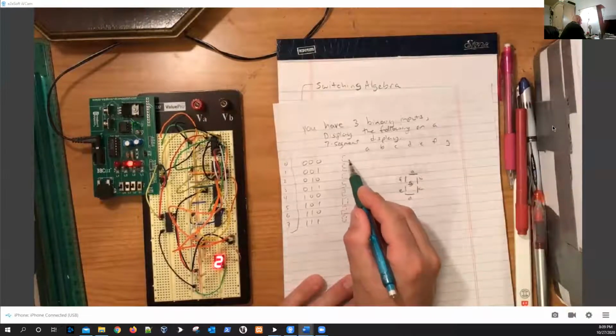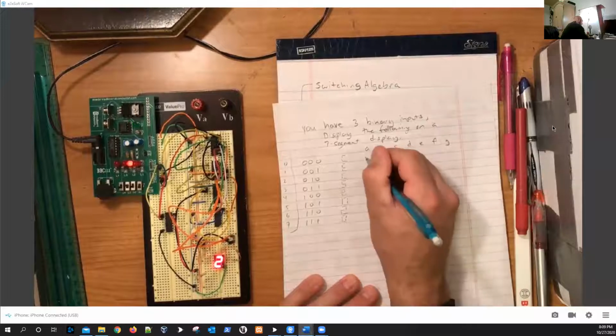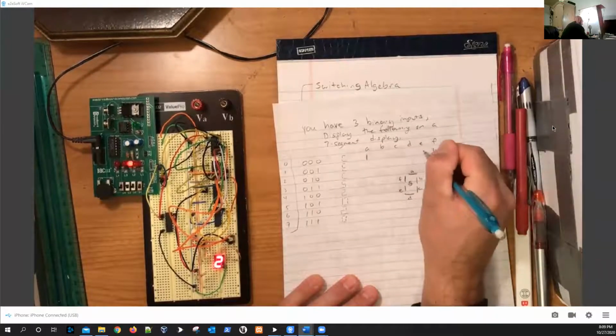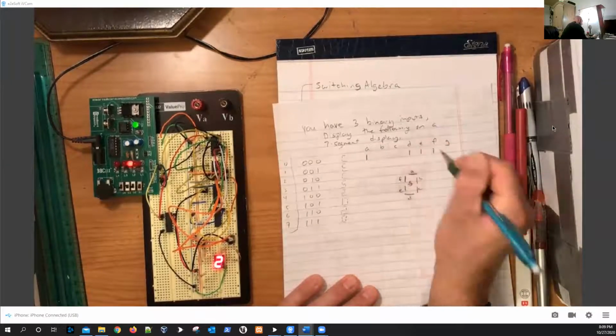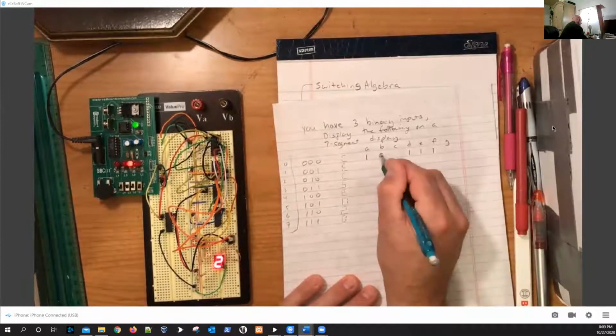To display a C, we need A, F, E, and D to be on. Because that's these 4 segments right here. 1 is on and 0 is off.